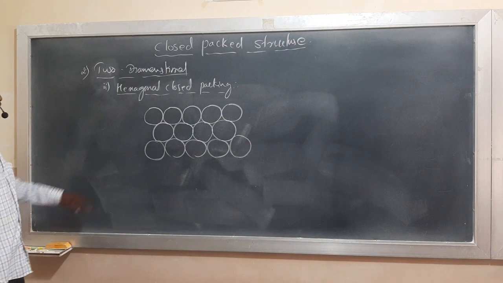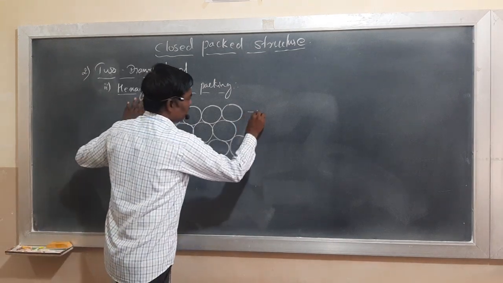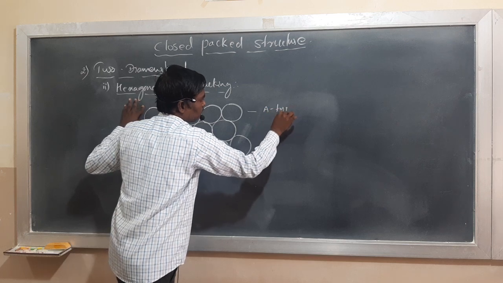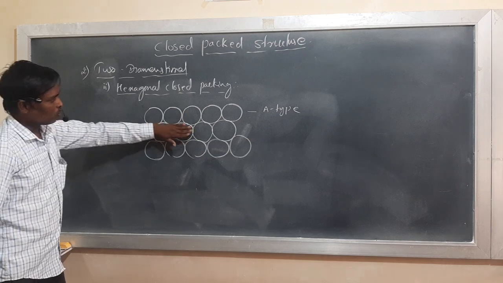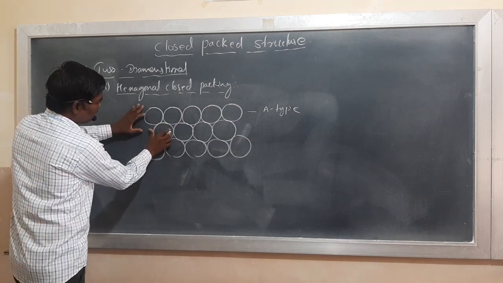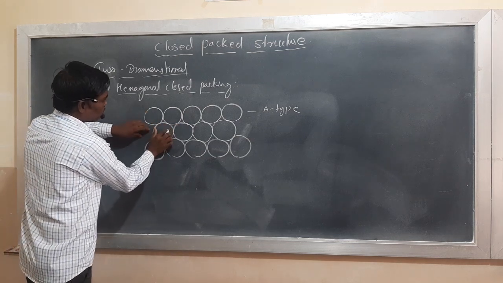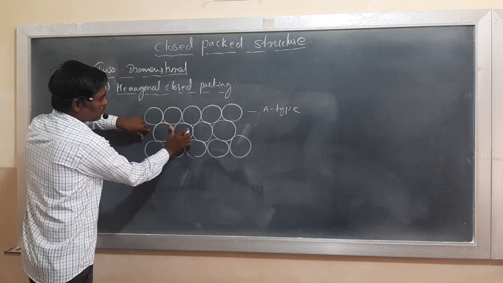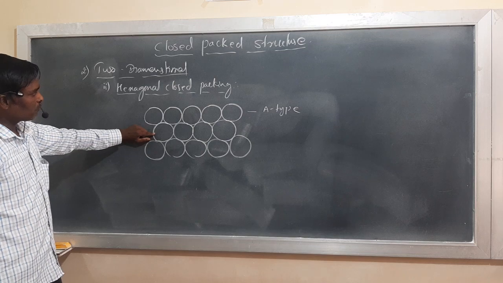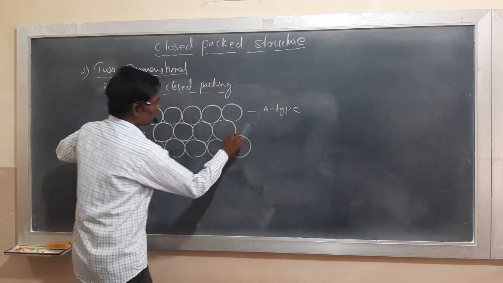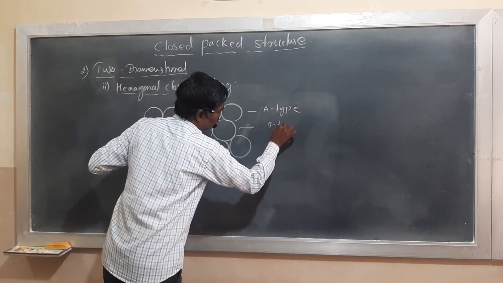See, this is the first layer. If I call that an A type, the second row is placed in the depression of the first one. So in between these two balls, the next ball is placed. This arrangement is completely different from the first one, so let me define this as a B type of arrangement.